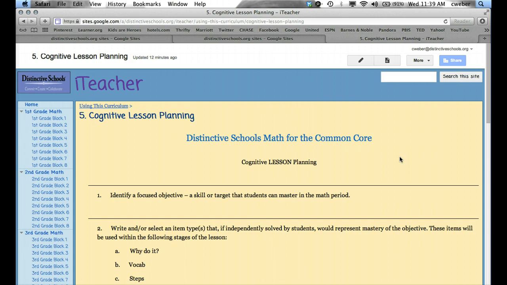What I'm showing you here is certainly the most research-based lesson plan that exists. It's the Madeline Hunter model, it's the gradual release of responsibility model, it's the explicit direct instruction or EDI model. If you're familiar with research on effective school practices, for example, through John Hattie, this is an incredibly effective way of teaching.